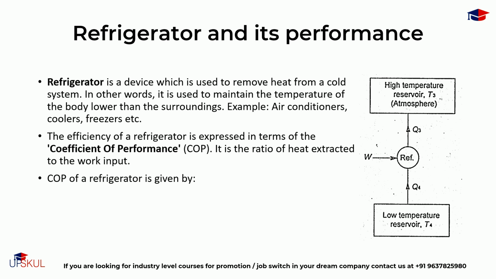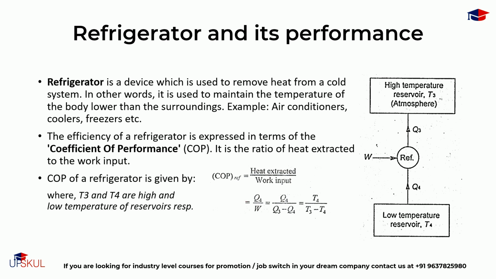COP of a refrigerator can be given as Q4 by W, where T3 and T4 are high and low temperatures of the reservoirs respectively. Note that the value of COP can be greater than unity. It is usually opposite of thermal efficiency, which can never be greater than 1.